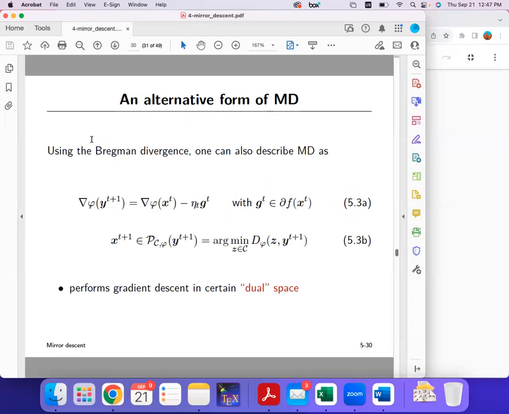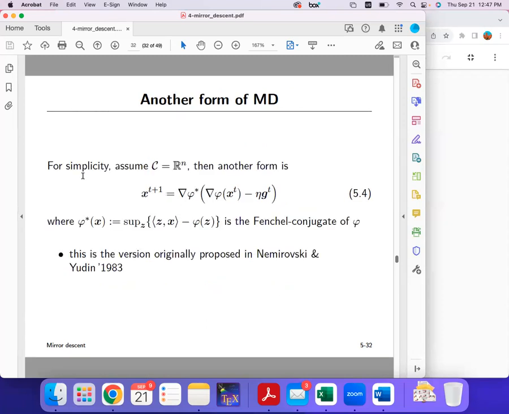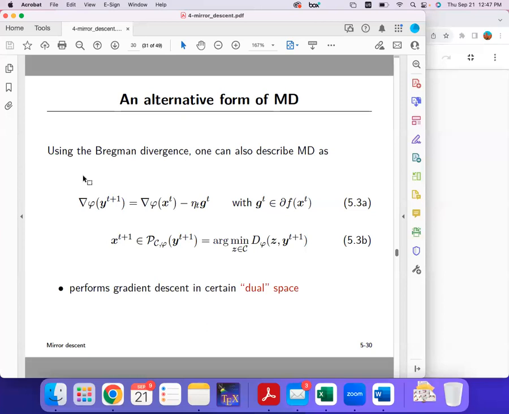So this is an alternative form for the mirror descent.